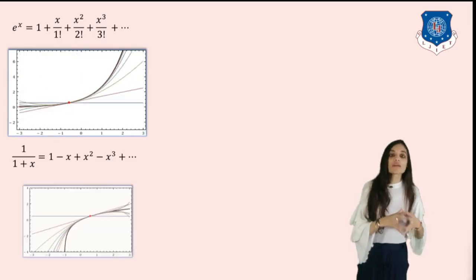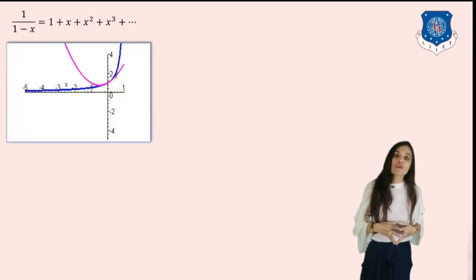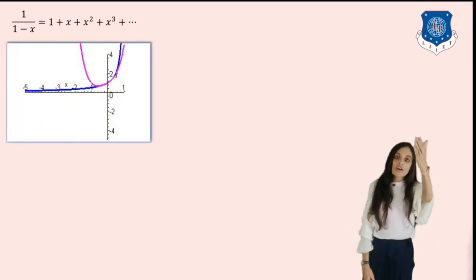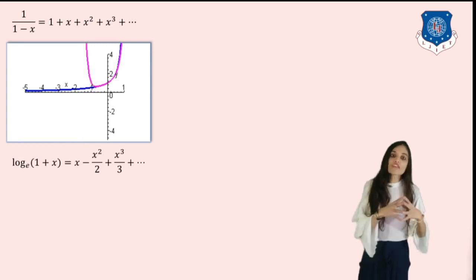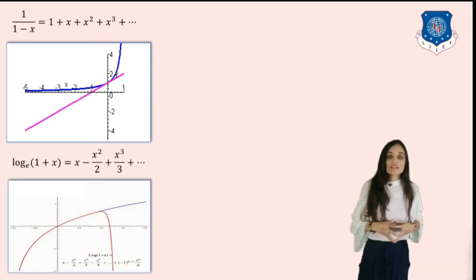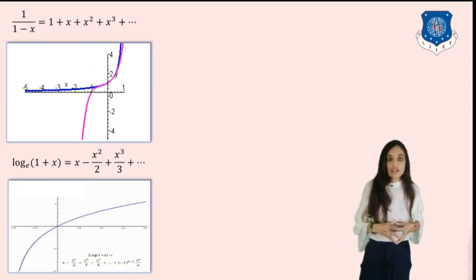Next, 1 upon 1 plus x. Next you can have a look at the formation of the graph of 1 upon 1 minus x. Next is log 1 plus x. So all these graphs are formed using Maclaurin series.